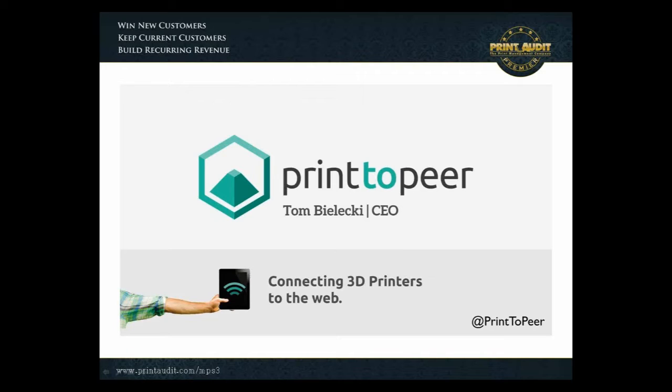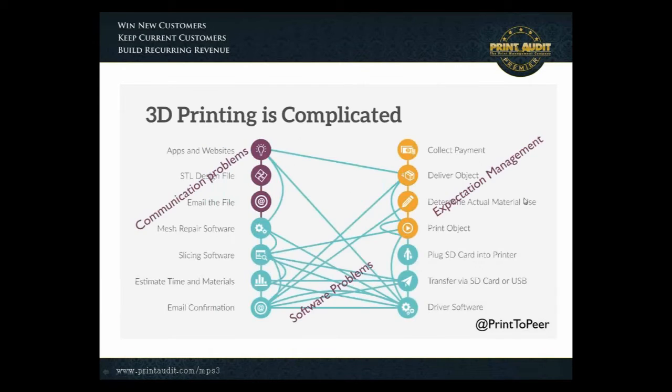The typical printing process today looks a bit like this. You have to send a common file format, which is STL. You have to send that through 3 different pieces of software before sending it to the 3D printer. So this is for file repair, it's for processing the file, and it's for driving the printer itself. And as you can see on this slide, the entire workflow is really complicated, and a lot of it comes down to software problems.